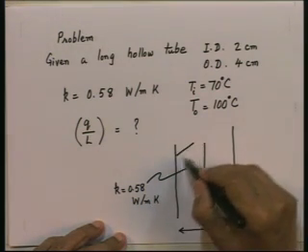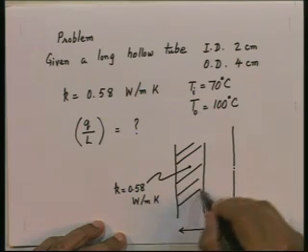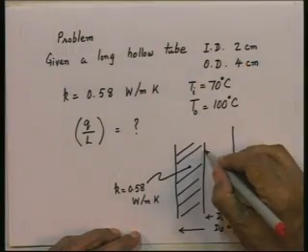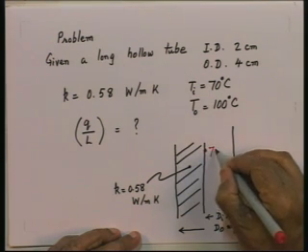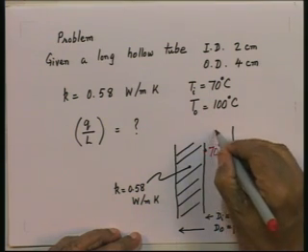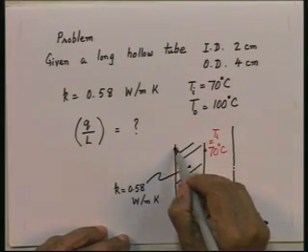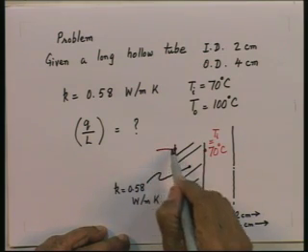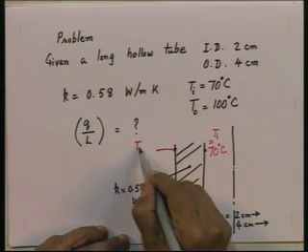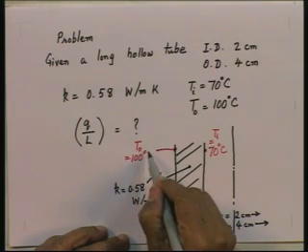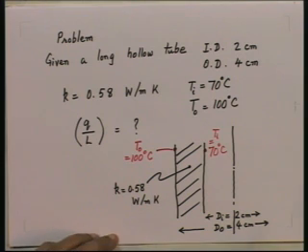So, this is the solid tube. Now, the inner face is at a temperature of 70 degrees centigrade. This is T_i. And the outer face, T_o, is at a temperature of 100 degrees centigrade. All right.